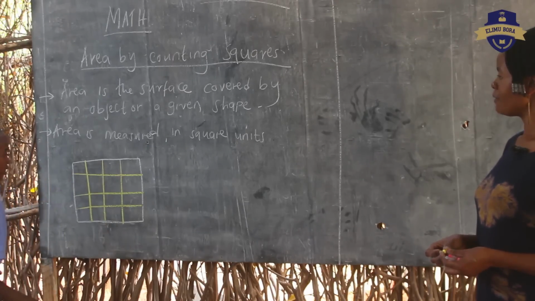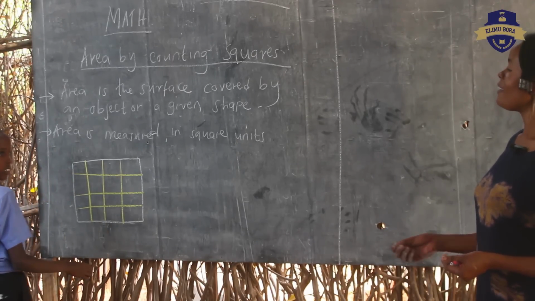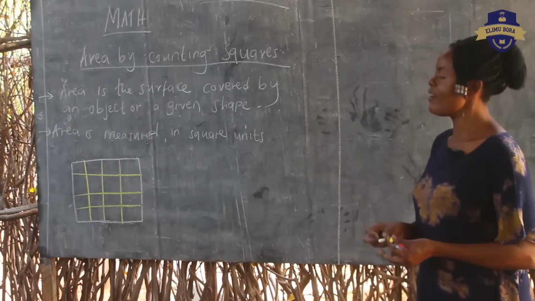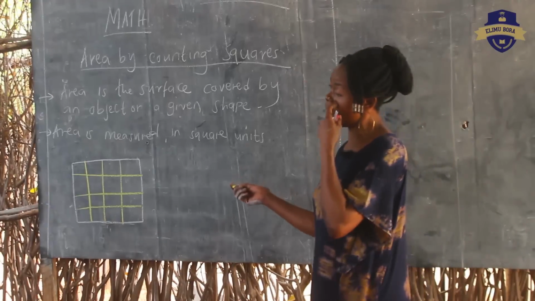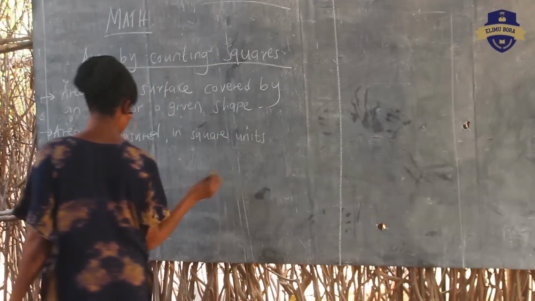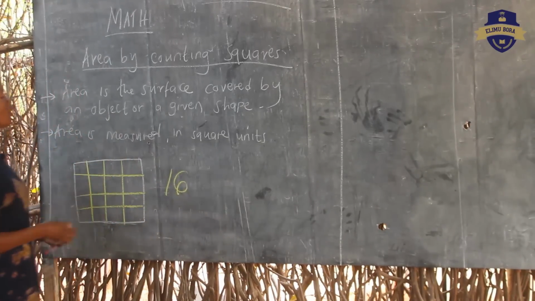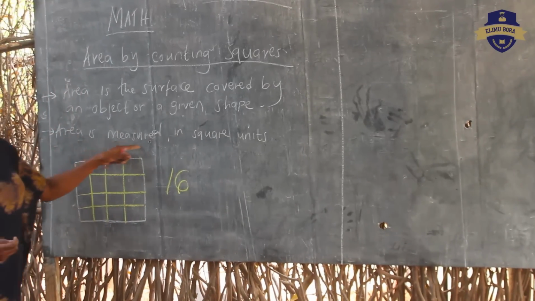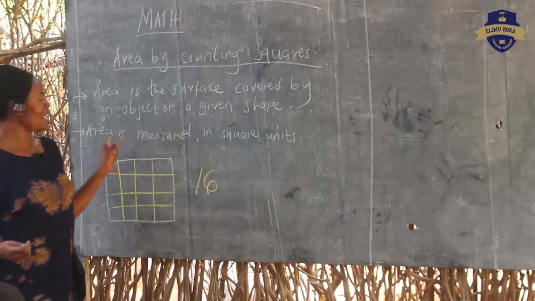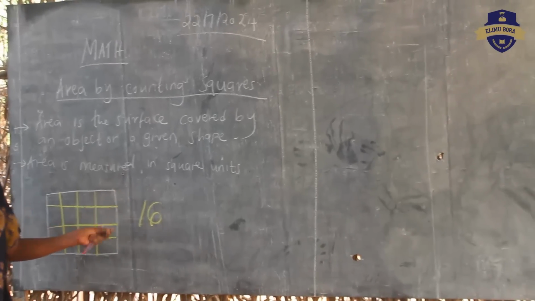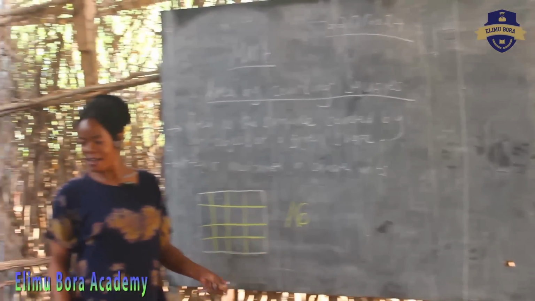What have you gotten? Elias has counted the smaller squares and he has given us the number of the smaller squares. He has counted them and there are 16 squares. So, remember, area is measured in square units. So, when you are giving out your answer, it should be in square units.